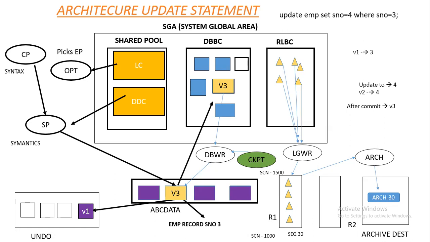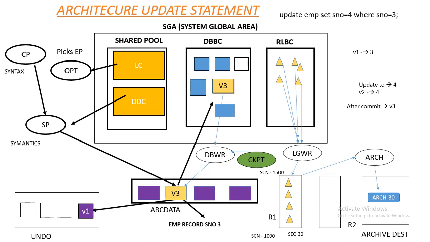Whenever the game ends, we press the stopwatch, and then it is noted how many seconds. The same way here, at SCN 1500, log writer stopped writing because the redo log file is filled.